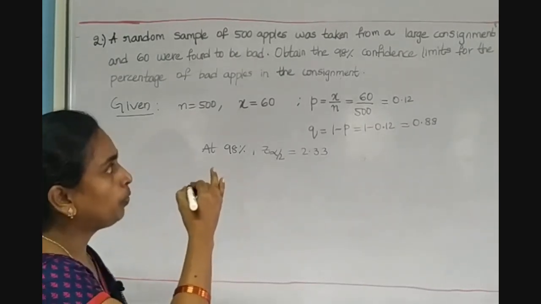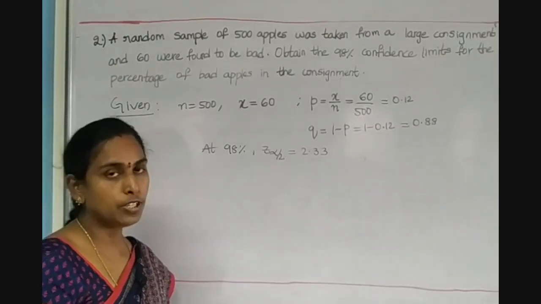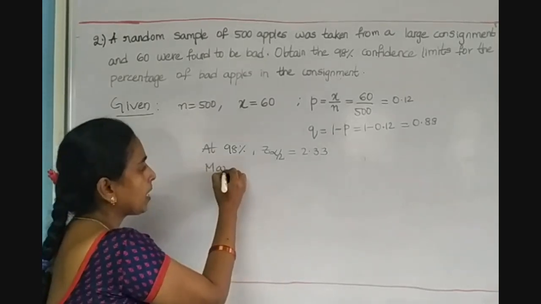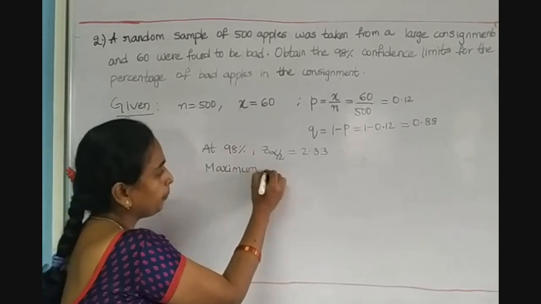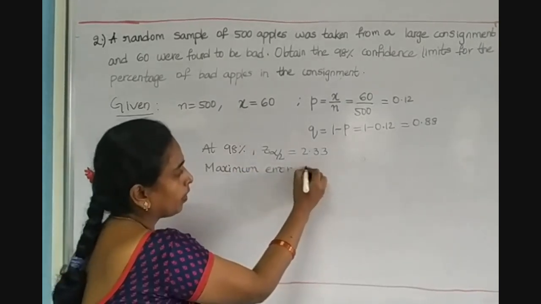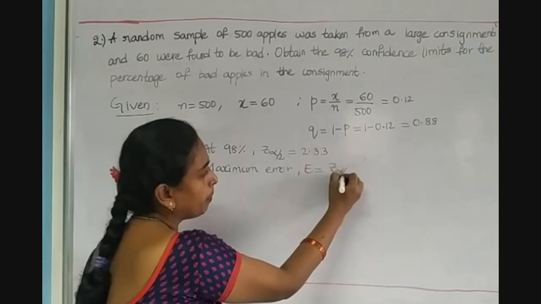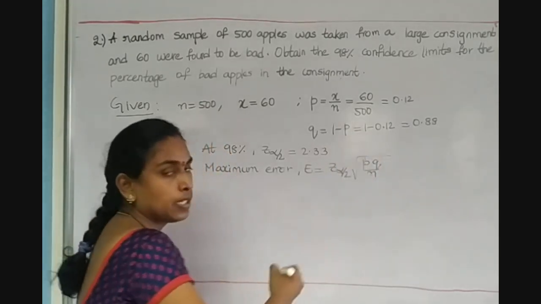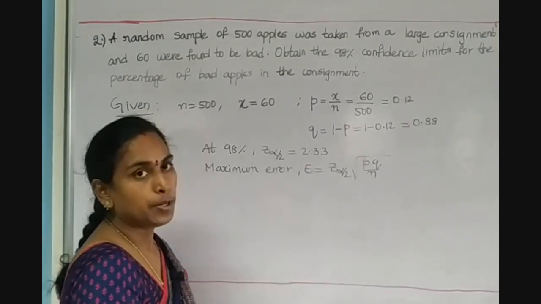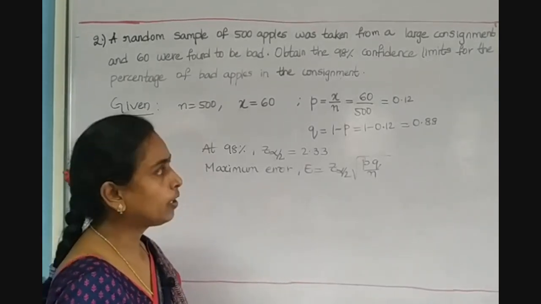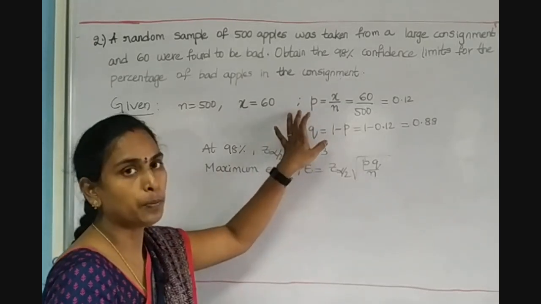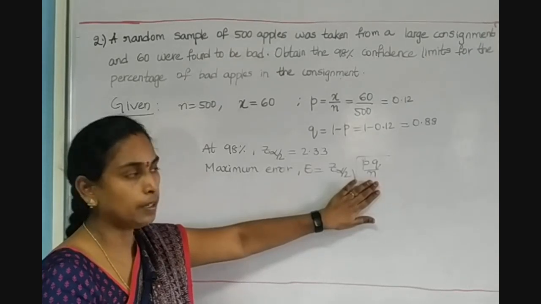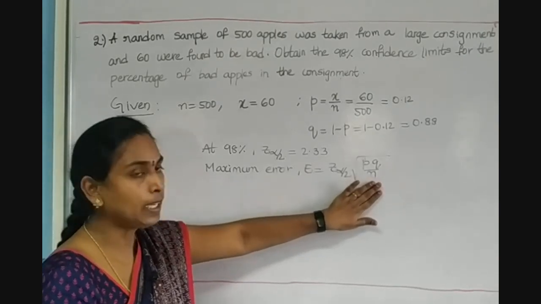Now to find the confidence limits, initially we require the error, that is, the maximum error E equal to Z alpha by 2 into square root of PQ by n. Since the population proportion capital P is not given, here we will use the sample proportions. That's why we have taken E equal to Z alpha by 2 into square root of pq by n.